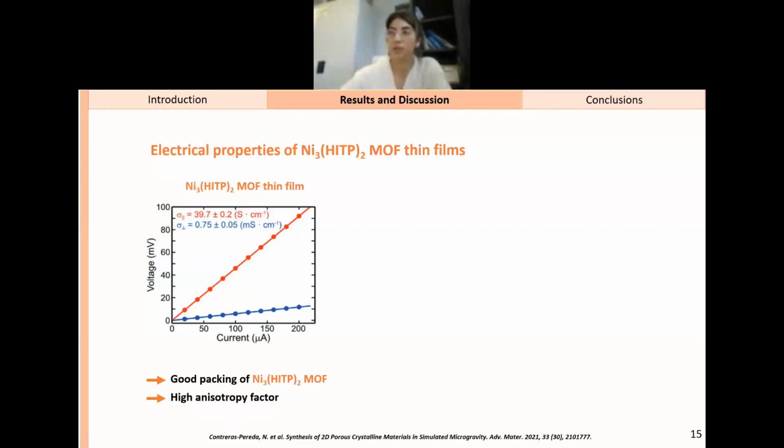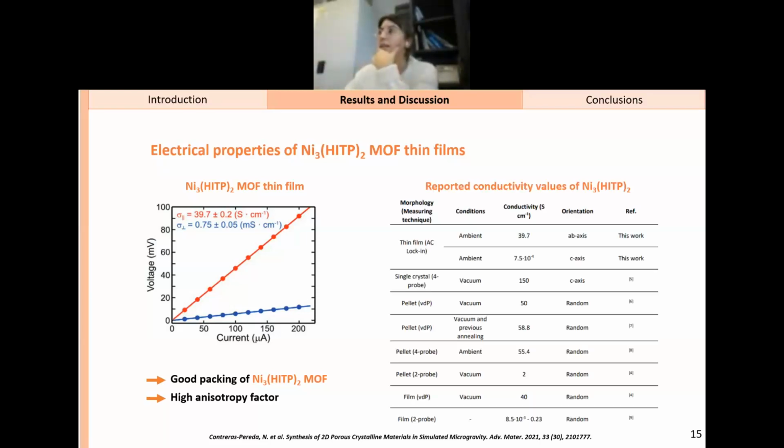This anisotropy factor is not similar, but reminds us of graphene. Also, in the supporting information, they compare the reported conductivity values of this MOF film prepared in different conditions. These two are the ones that they did in this work.